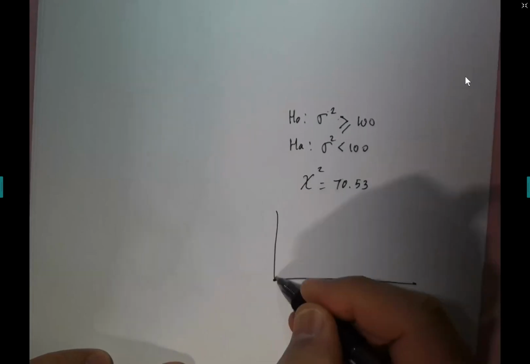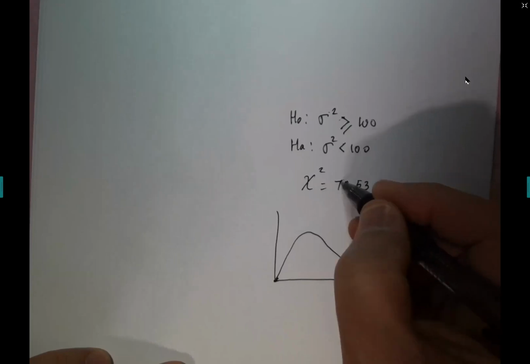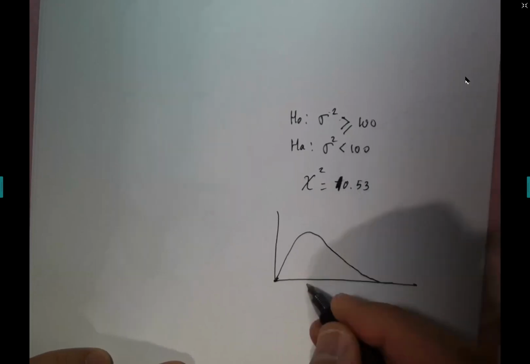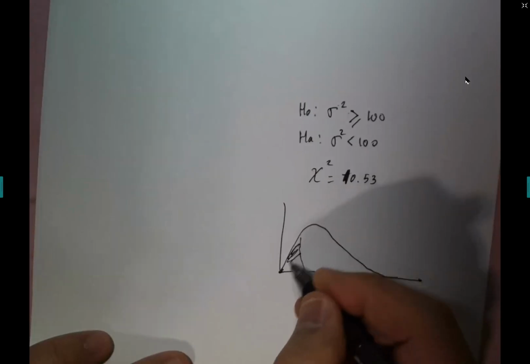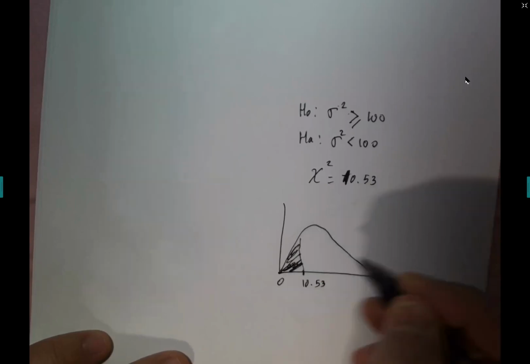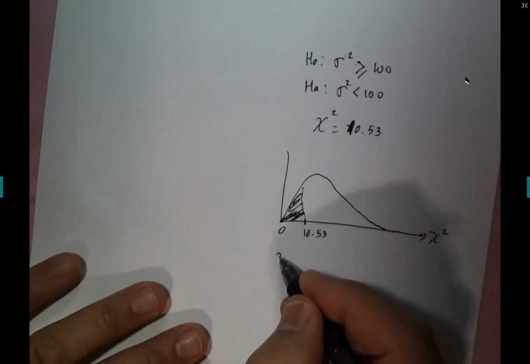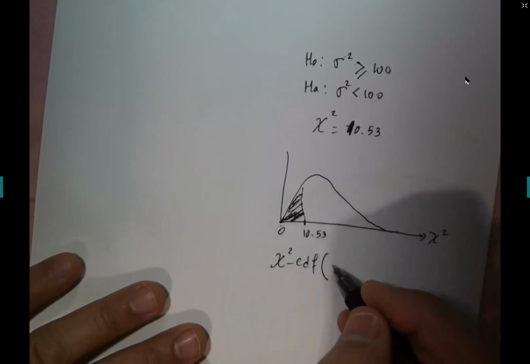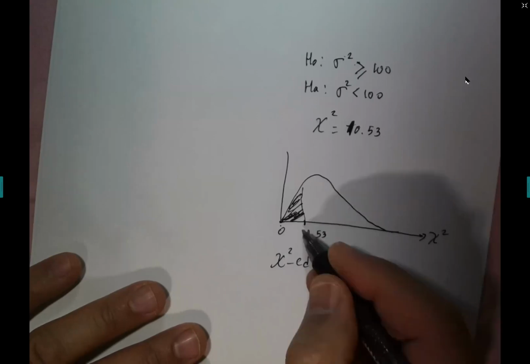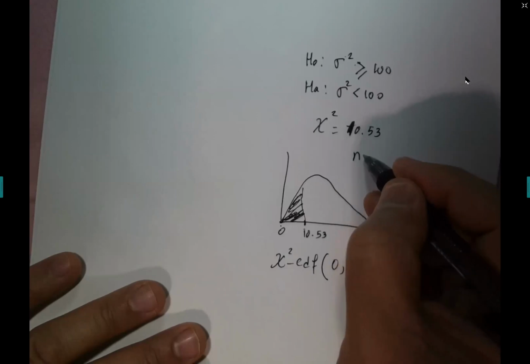Actually, let's say it's 10.53. So you put the chi-square here, 10.53, and then you shade this area. Remember, this is 0. So when you use your calculator, chi-square CDF, you need a lower bound, which is 0. The upper bound will be 10.53.